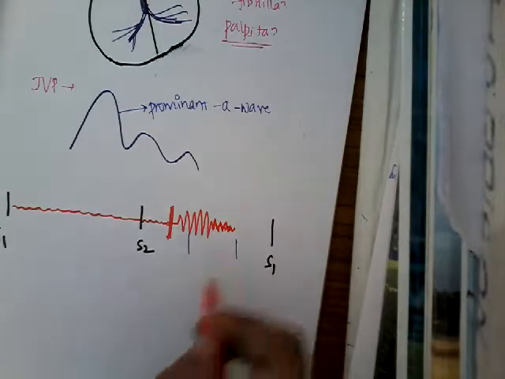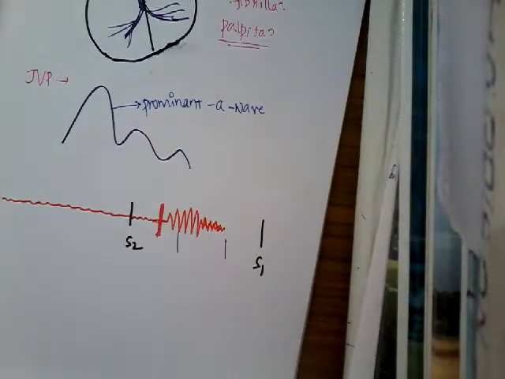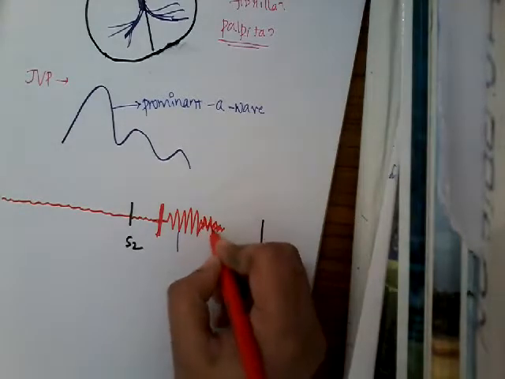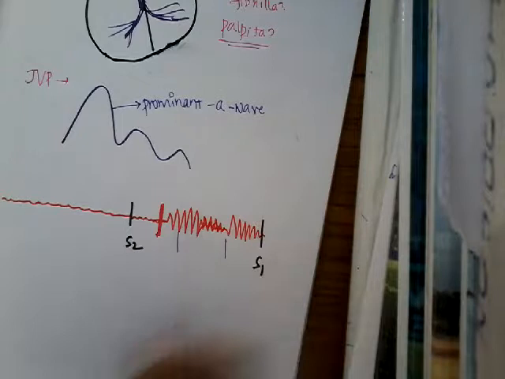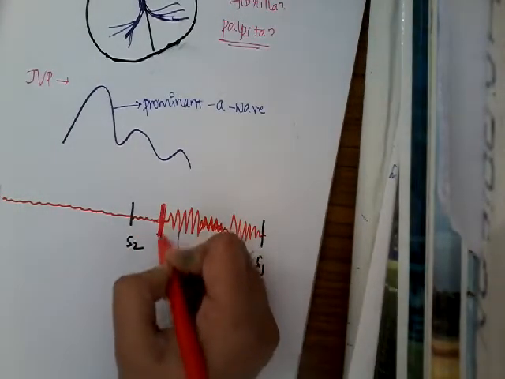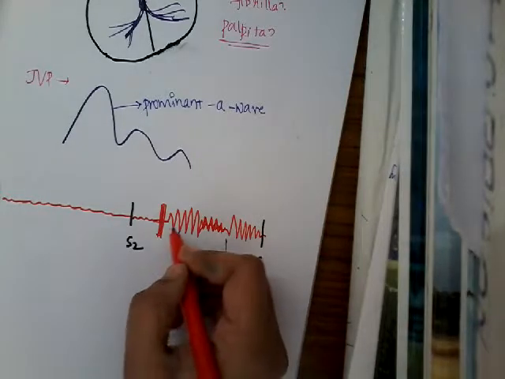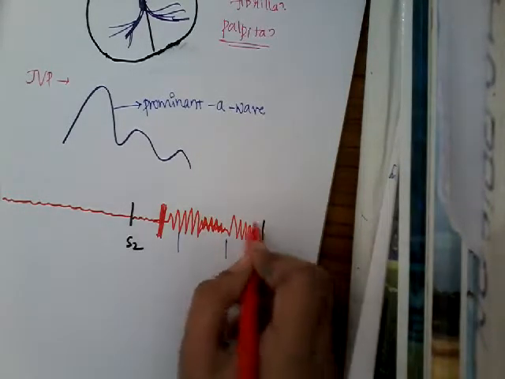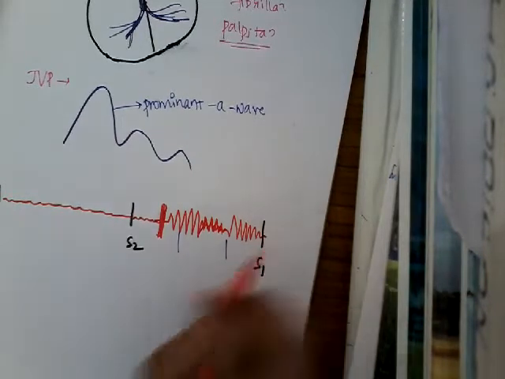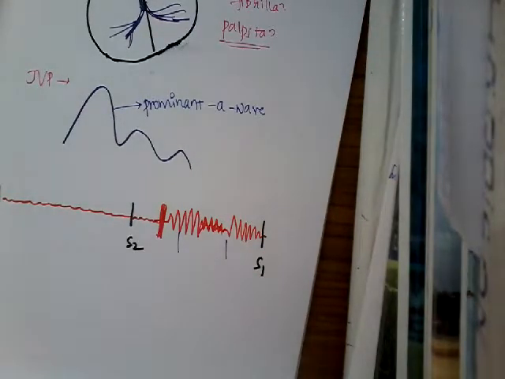Then the atria contract at the end of the diastole, that is the second rapid filling phase, and because of the atrial contraction there is pre-systolic accentuation again. So here you have three different things: the click, then the mid diastolic murmur, and then the pre-systolic accentuation. Okay, this is what you see.